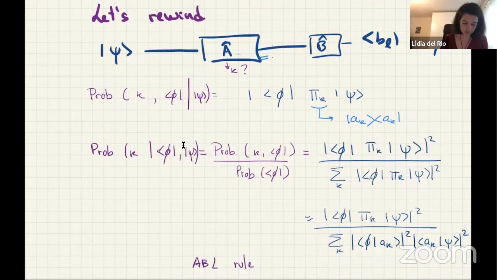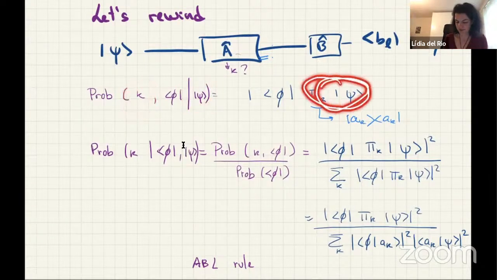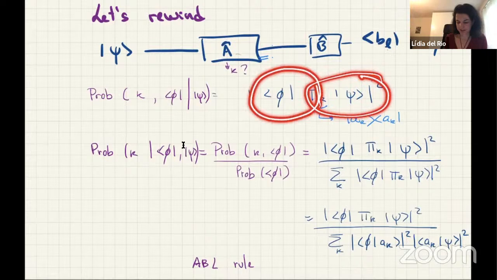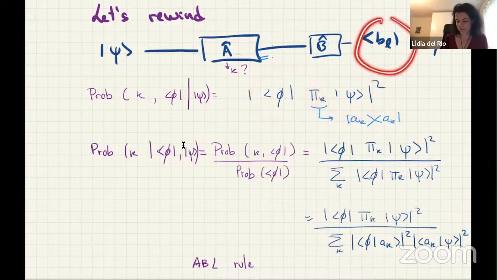So it's the probability that, given that I initially prepared the state psi, first I got this outcome K, that's this projection, and then given that, I project again into this B basis and get this outcome L. That's the first one.